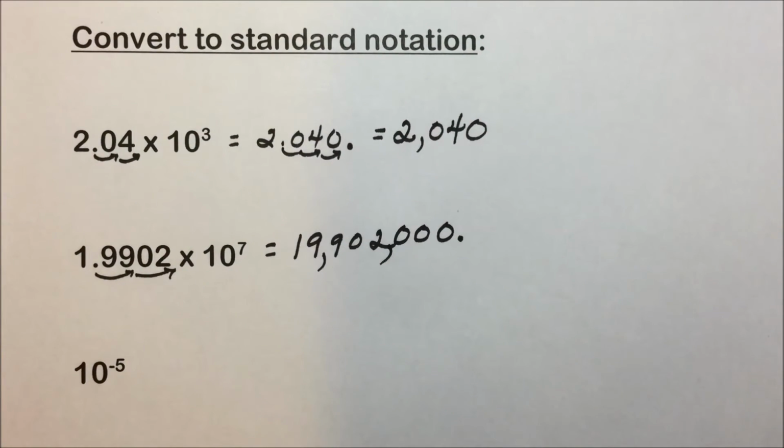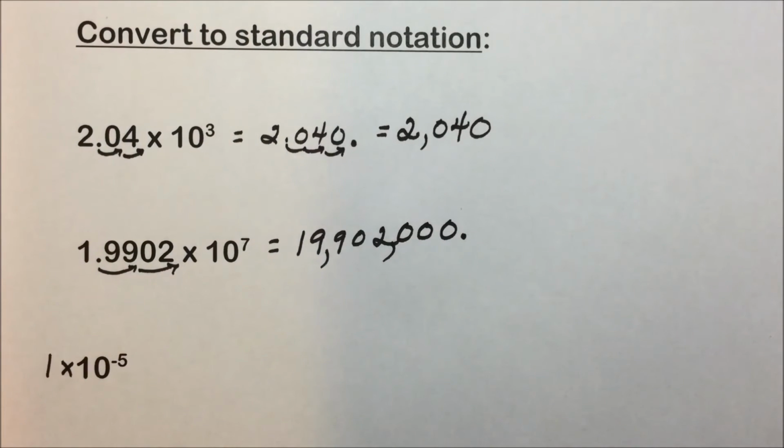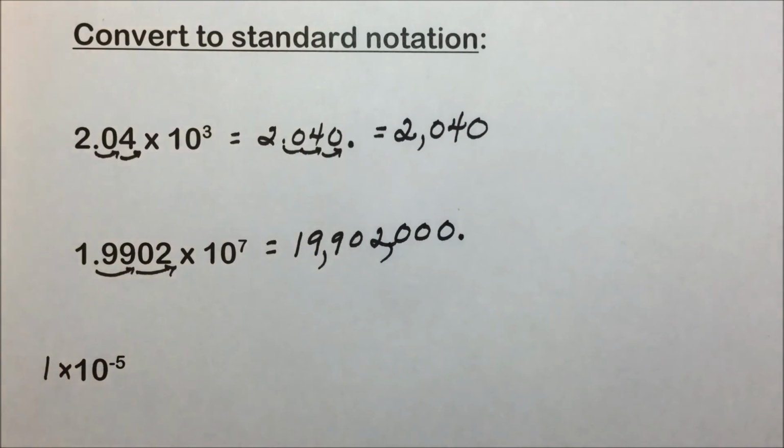This last example isn't in the best of standard form for scientific notation. It's an implied times 1. So we're now dealing with a negative exponent on our power of 10, which means we're dealing with a small number. And to put this in standard notation, we'll be moving our decimal place to the left. So here's our 1 with the implied decimal to the right of it.